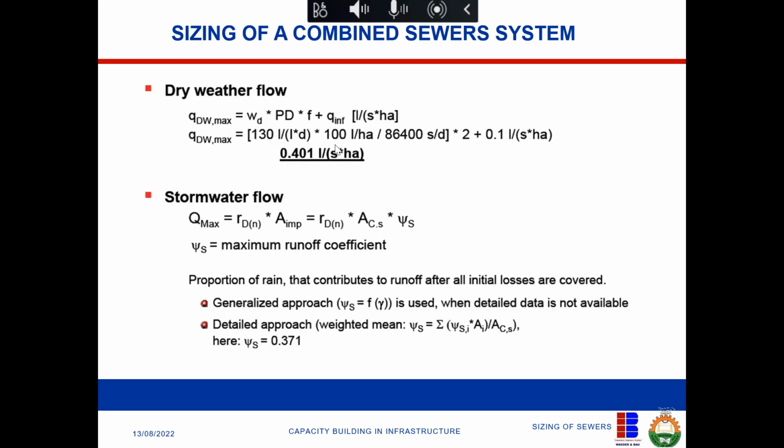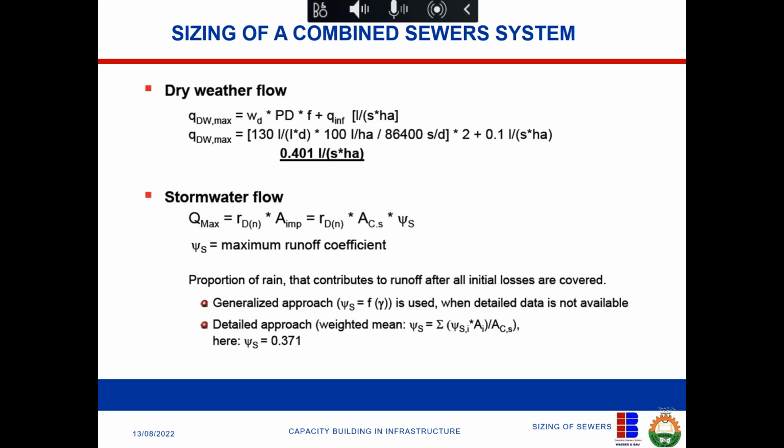So at the end of the day, this is now the flow of wastewater coming from 1 hectare, because we are doing it based on a spatial parameter. We are doing it based on land use.